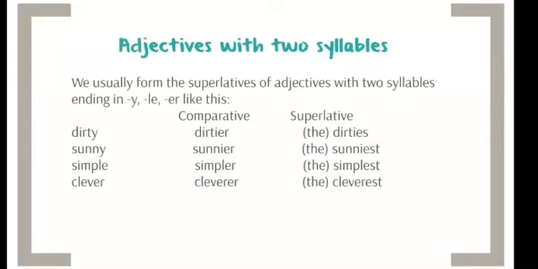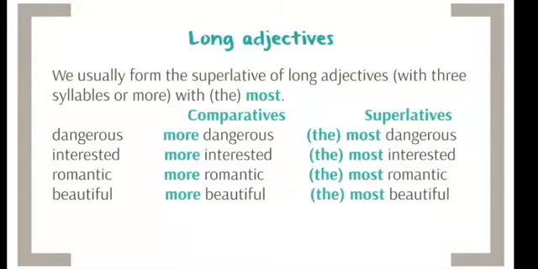But remember, before the adjective we always have to add the word the. If we have the word sunny and we use it as a superlative, we say the sunniest. Remember that we add -est as a superlative. Okay, let's continue.